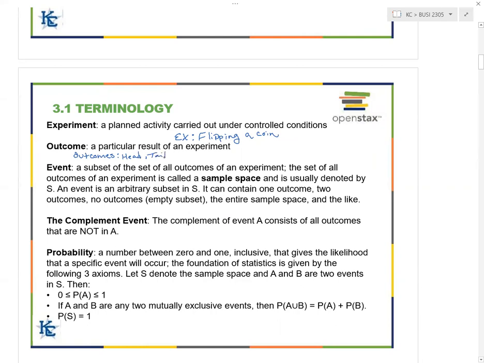The event is a subset of the set of all outcomes of an experiment. The set of all outcomes of an experiment is called a sample space. So for example, our sample space, which is denoted by S, and when we list any kind of set or subset, we use curly braces to list it. Our sample space for flipping a coin is heads or tails, right? Because those are the only two possibilities that you could get.